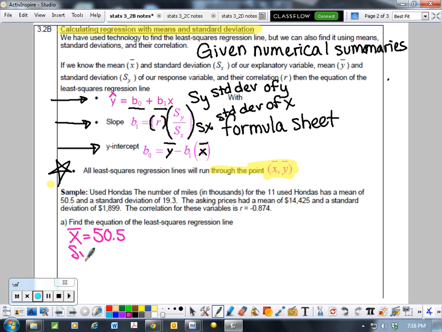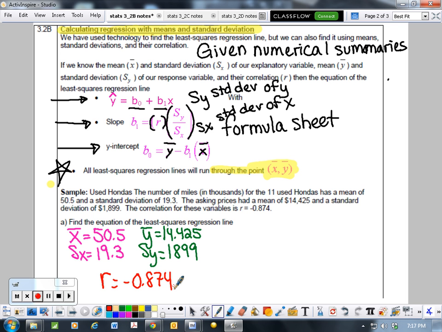My standard deviation for x is 19.3. Now the asking price, the response variable, has a mean of 14,425 and a standard deviation of 1,899. And then they tell us that our correlation is negative 0.874.